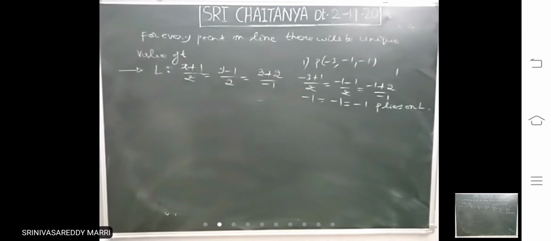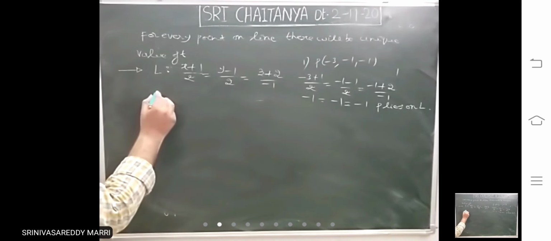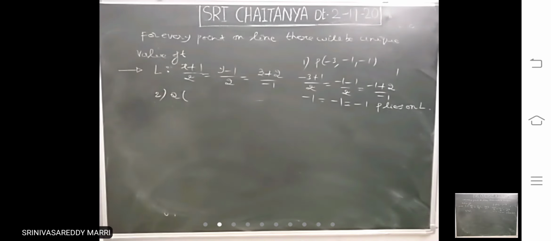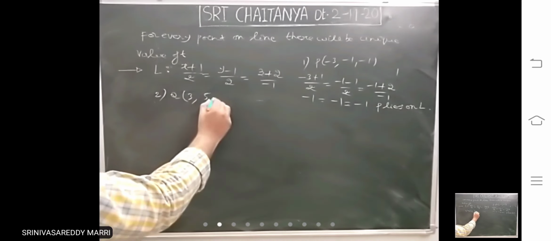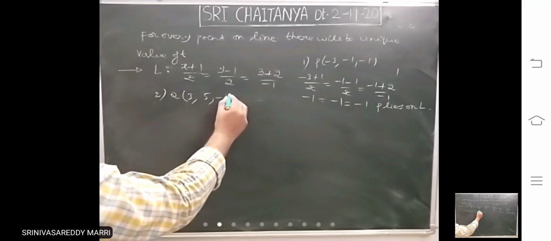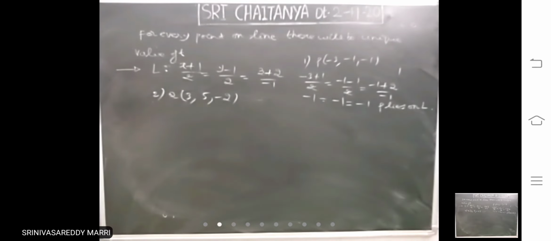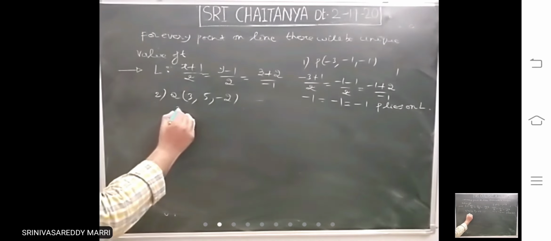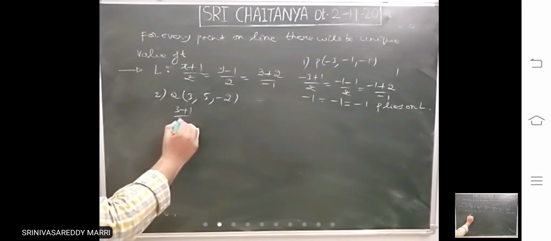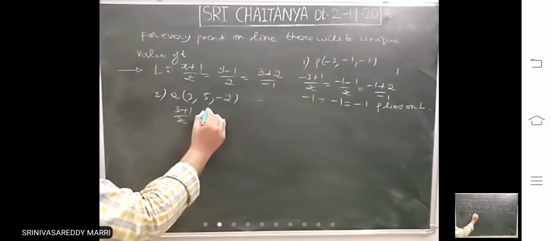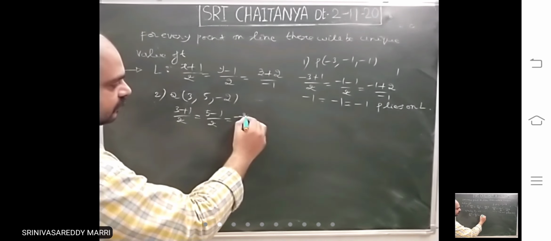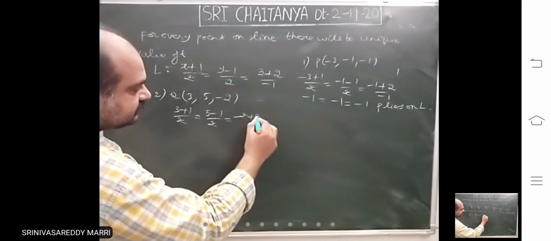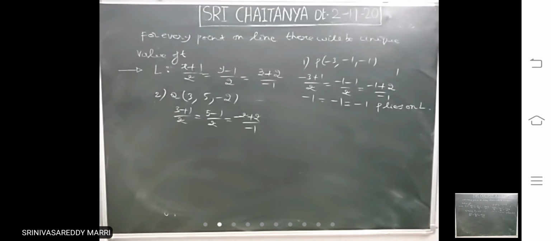Suppose we take another point, let us say point Q. Q is the point I have given, 3, 5, minus 2. So substitute here: 3 plus 1 by 2, minus 2 plus 2 divided by minus 1.